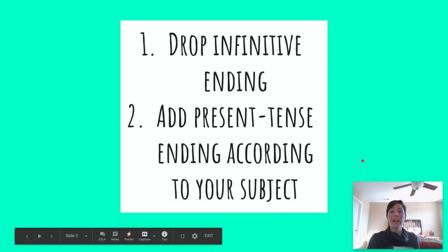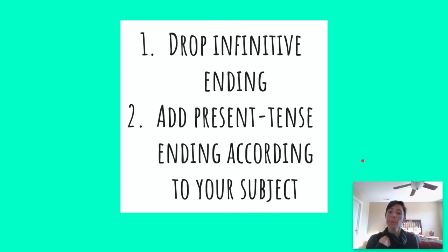Then you drop that infinitive ending, IR or RE in this case, and then you're going to add your present tense ending according to your subject. According to the subject, we have different endings that you will add on to the stem after having dropped the infinitive ending.